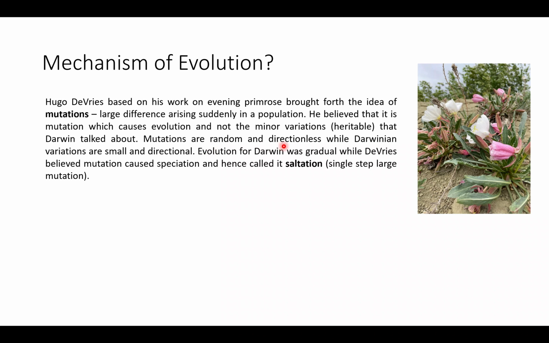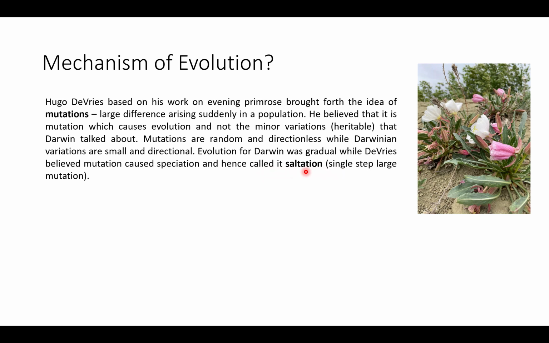Mutations are random and directionless, while Darwin's variations are small and directional. Evolution for Darwin was gradual, while de Vries believed that mutation caused speciation and hence called it saltation. So Hugo de Vries said mutation is a sudden change, and this is the cause of evolution.